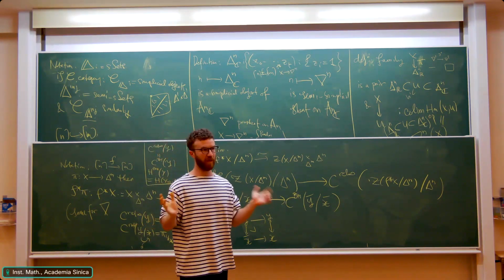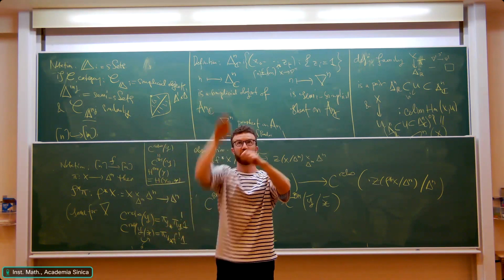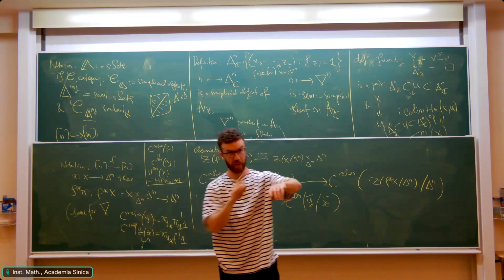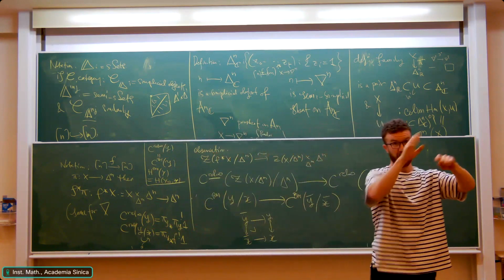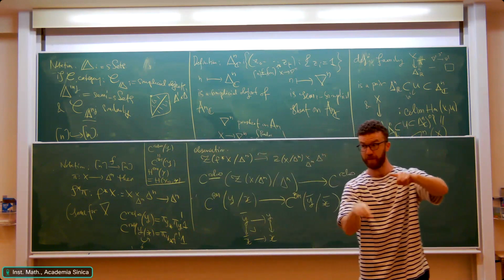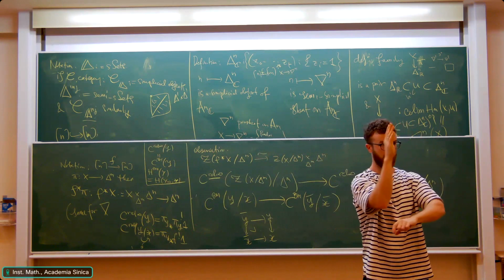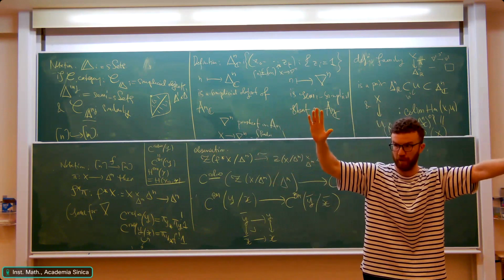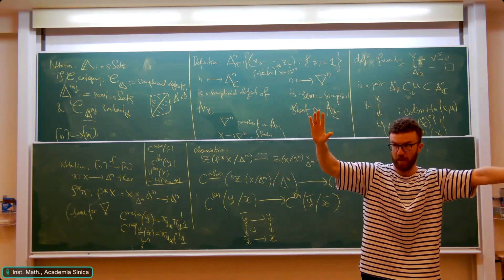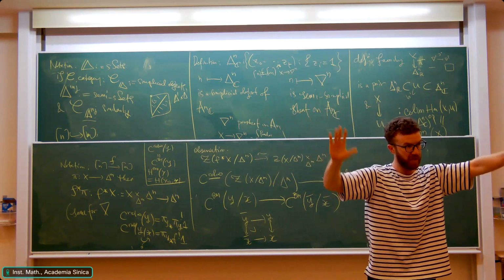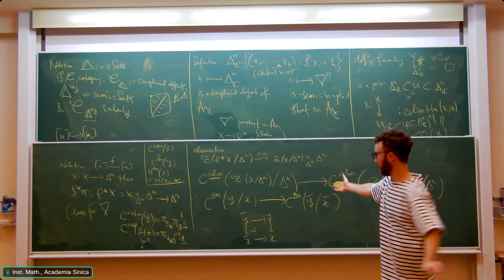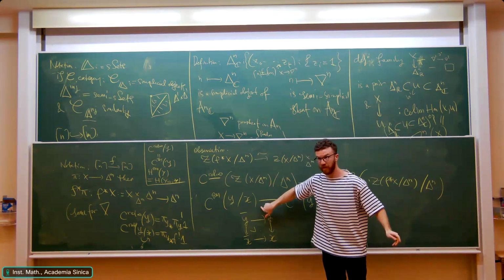And I would have thought the compatibility condition would be: I have X mapping to some, say, three-dimensional base, let's call it delta 3. And then I have the fiber over a face. I would have thought the virtual fundamental class on the big thing should specify it on the small thing. Right? And so these things are living in relative Borel-Moore homology. So this is why I think the correct functoriality should be this.